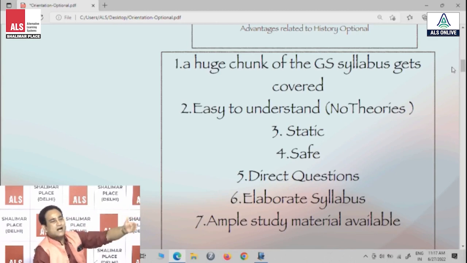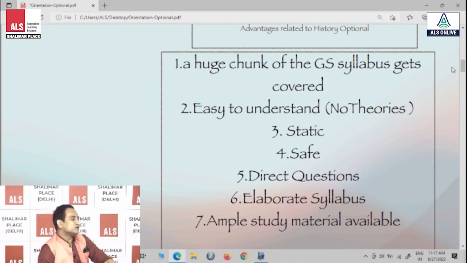See, Ashoka did this, so therefore it can be followed. Ashoka followed it, he was successful, therefore a ruler can follow this also. You can always quote a historical figure. I hope you're getting it. So it is always important. That is the first advantage of history optional, I tried to convince you. Is it fine? Done?